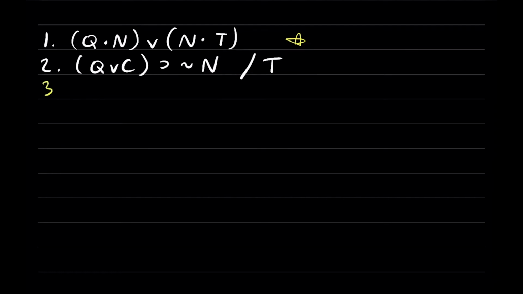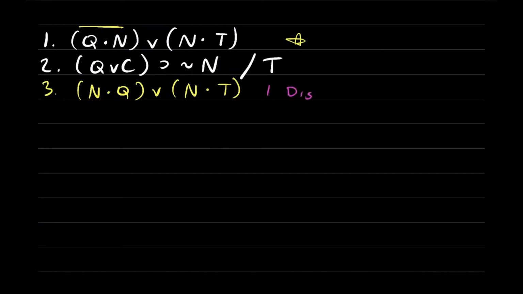So what I'm going to do is apply commutativity on part of line 1 so it better matches the form for distribution. I'm going to apply commutativity right here. I'm going to rewrite line 1 as N and Q, or N and T. And this is line 1 by distribution.